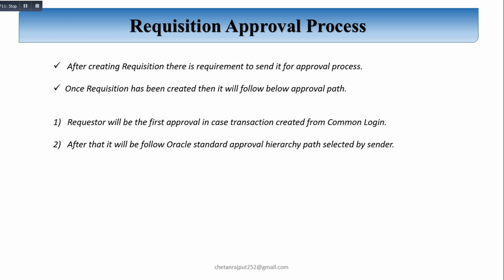Once the requester has approved, then the requisition goes for approval along the Oracle standard approval hierarchy path. This approval hierarchy path is selected at the time of creating a requisition. So one by one, when the managers have approved in that hierarchy manner, then the requisition is successfully completed. And after that, using that requisition, we can create a purchase order.